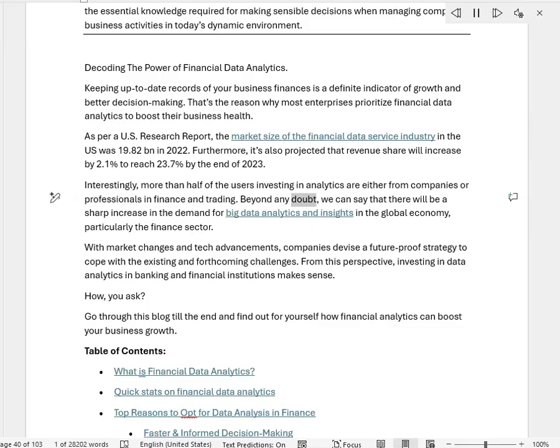Beyond any doubt, we can say that there will be a sharp increase in the demand for big data analytics and insights in the global economy, particularly the finance sector. With market changes and tech advancements, companies devise a future-proof strategy to cope with the existing and forthcoming challenges. From this perspective, investing in data analytics in banking and financial institutions makes sense.